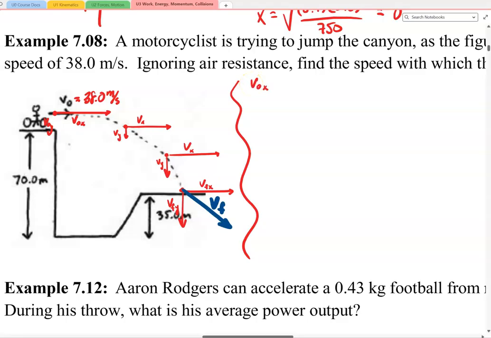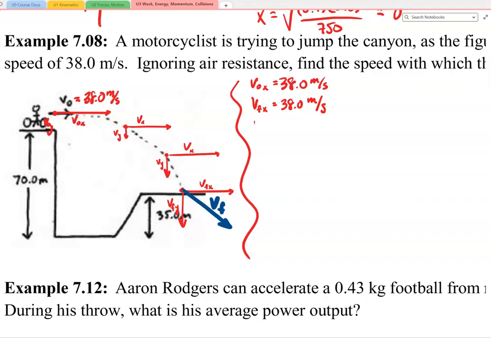I would note that our initial velocity in the x direction is going to be our 38 meters per second. I would note that our final velocity in the x direction is also 38 meters per second. That remains unchanged in our projectile motion.